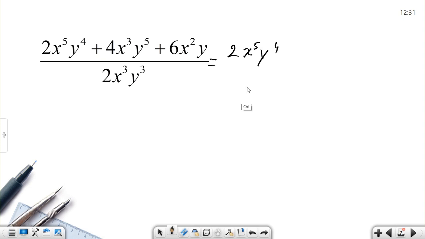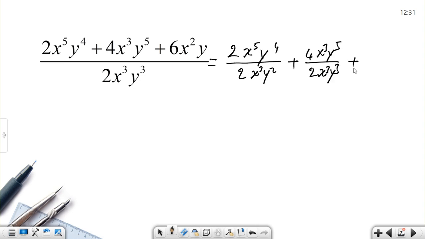Over 2x cubed y cubed. First term over the denominator, plus the second term x cubed y power of 5 over 2x cubed y cubed, plus the third term x squared y over 2x cubed y cubed.